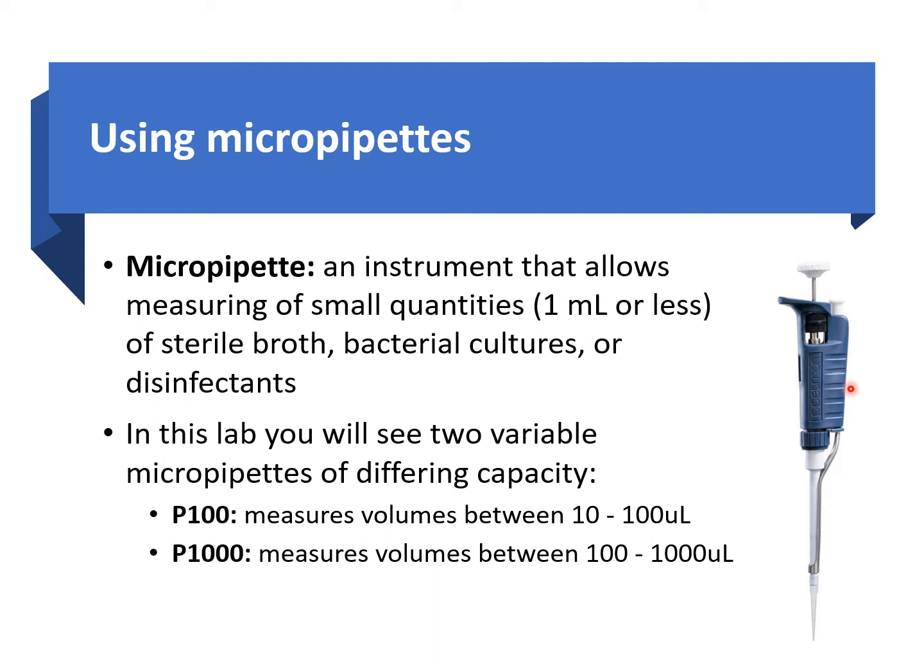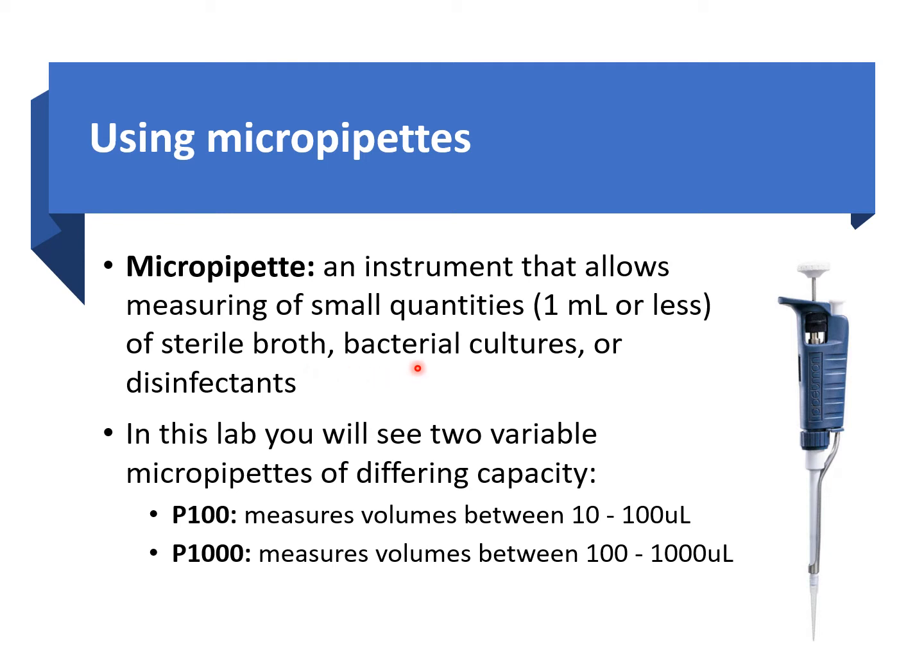A micropipette allows us to measure very small quantities of liquid, usually 1 milliliter or even less. We use micropipettes in a microbio setting because we want to measure, for example, amounts of broth. Broth is basically a liquid medium.